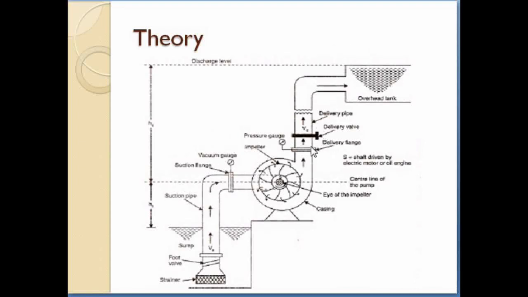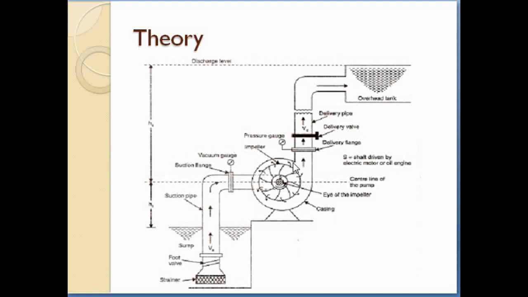We have a valve here and there is a flange here, and this is called the eye of the impeller, where the suction directly enters and gets connected at the center. Here the water is made to directly enter at the center of the impeller. Thereby the discharge will be radially outwards because of the centrifugal force acted from the center towards the periphery.